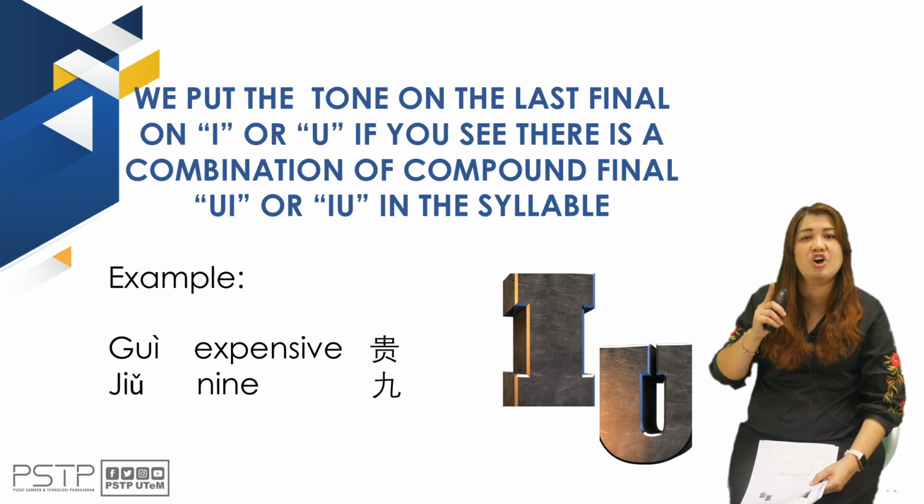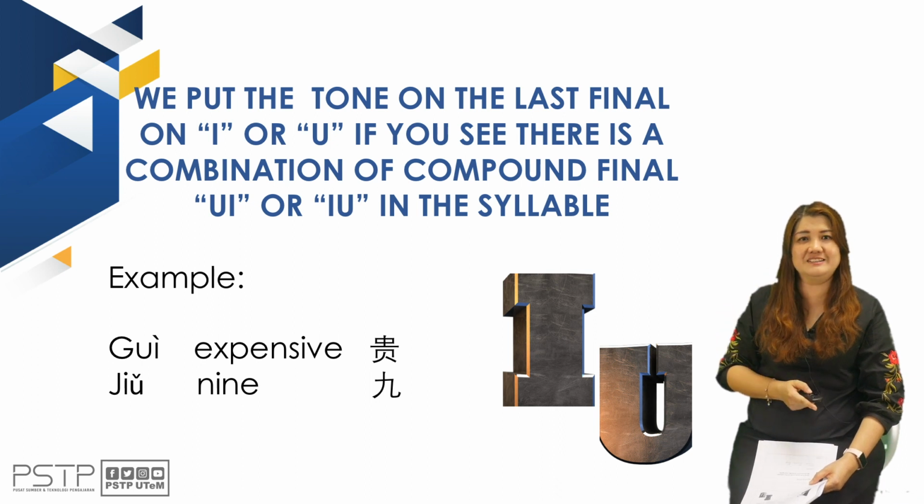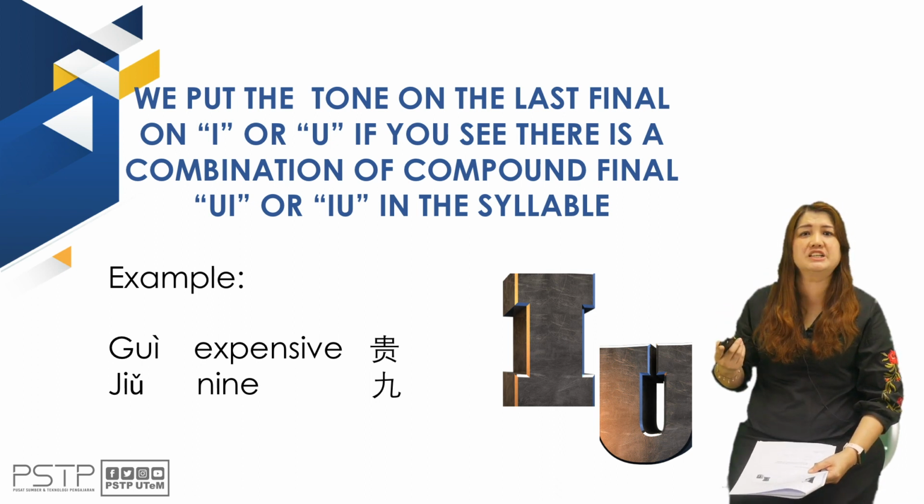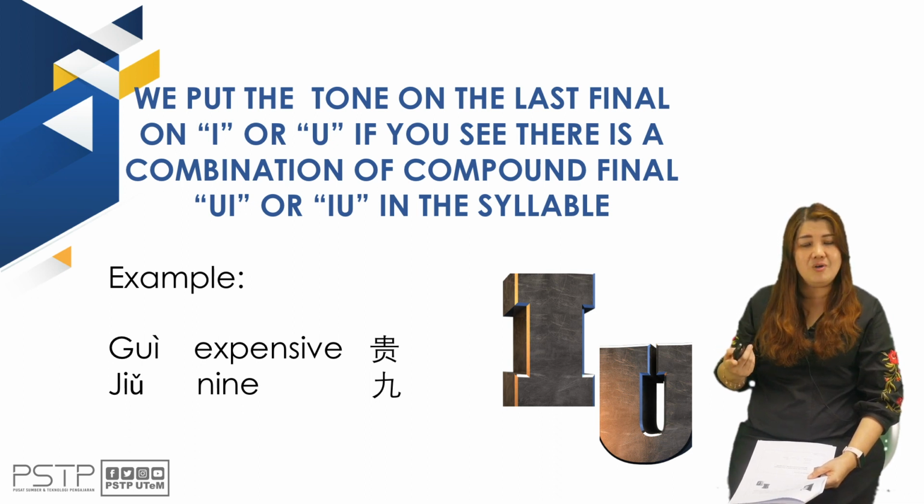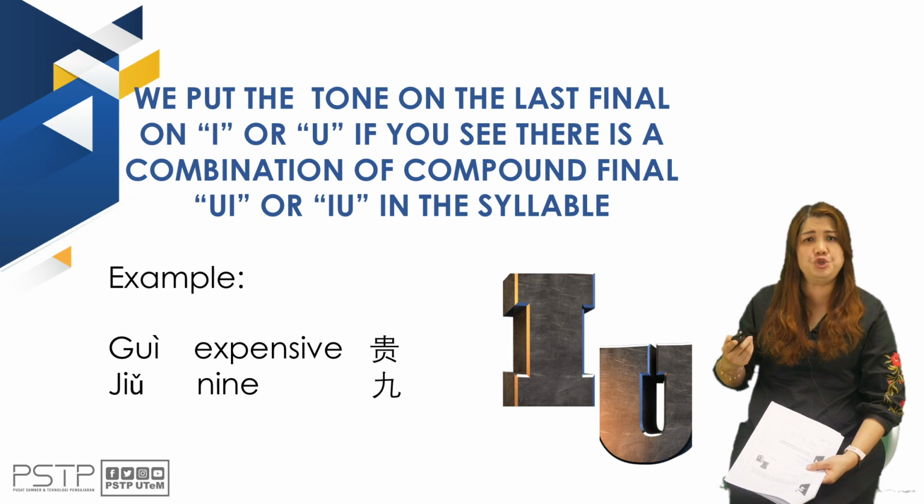I put the tone on top of the I. But for another word, jiǔ, this round, I put the tone on top of the U. So this is considered a special case.